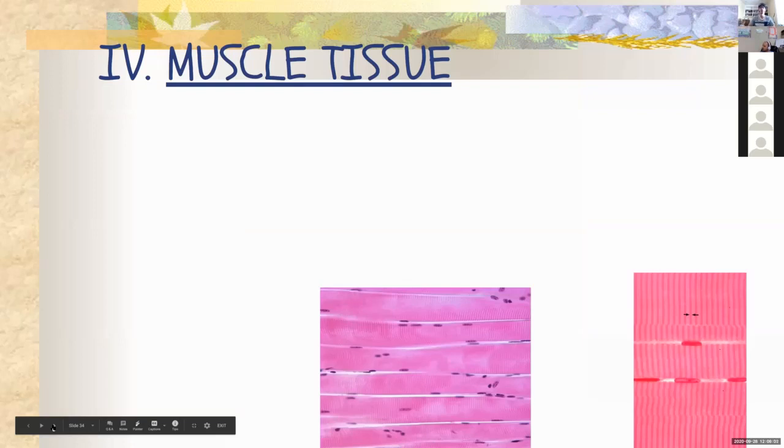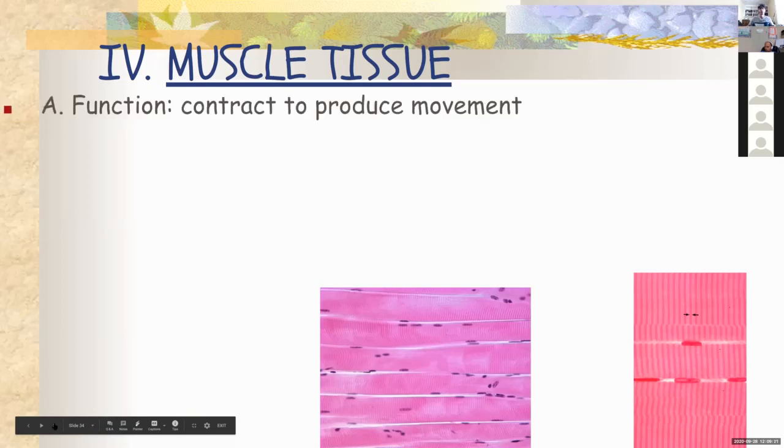So muscle tissue, this is the last one. The function of muscle tissue is to contract and produce movement, some type of movement.